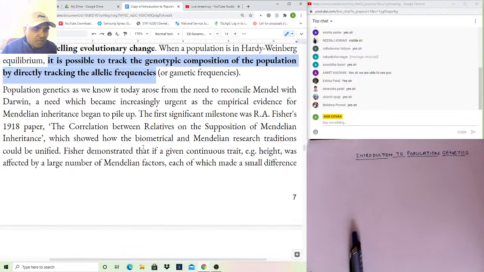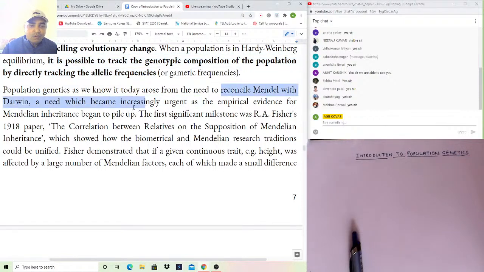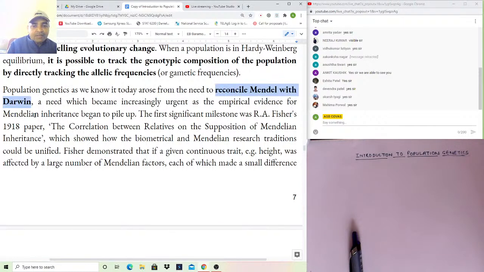Okay, now population genetics as we know it today arose from the need to reconcile Mendel with Darwin. It is only when we reconcile the concepts of Mendel and Darwin that our knowledge finally gets polished, showing how all this is happening.